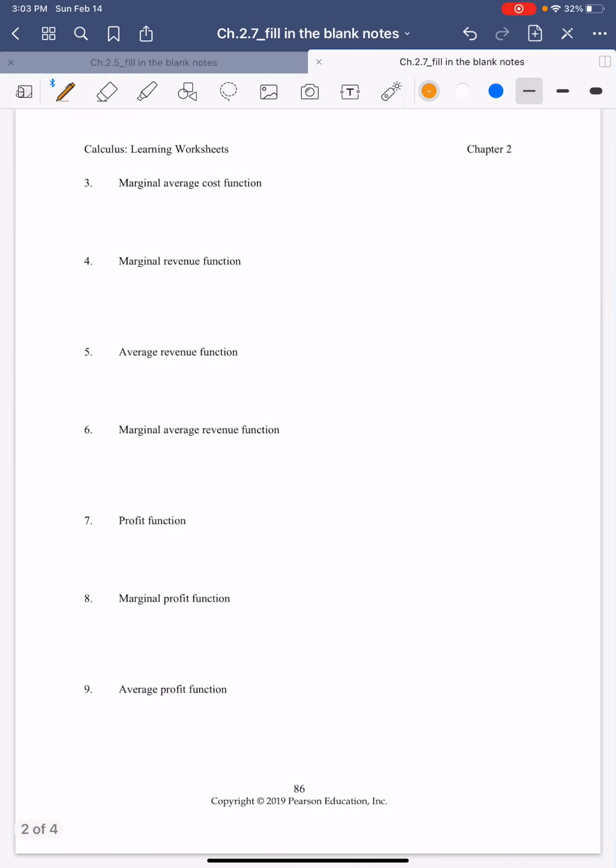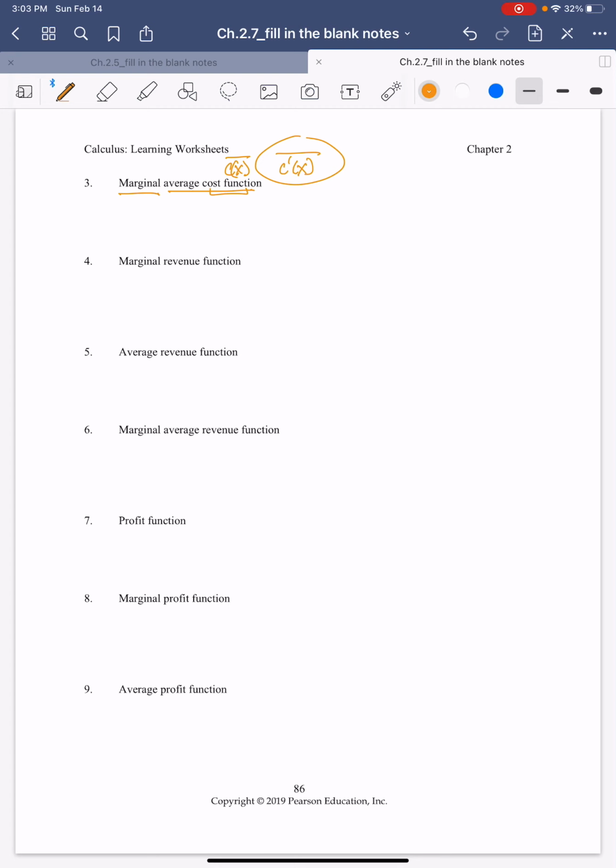So let's do a bunch of practice. Oh, there comes the word. We have a cost, C of x, but average means C bar, and then marginal means find C prime of bar. So that's what we want to do, C prime bar.